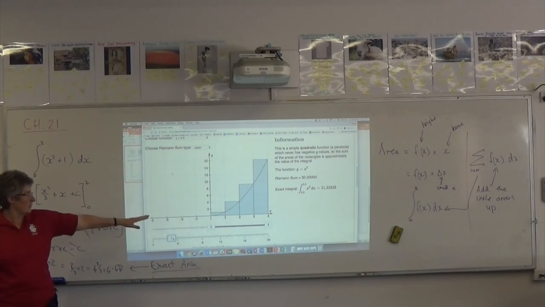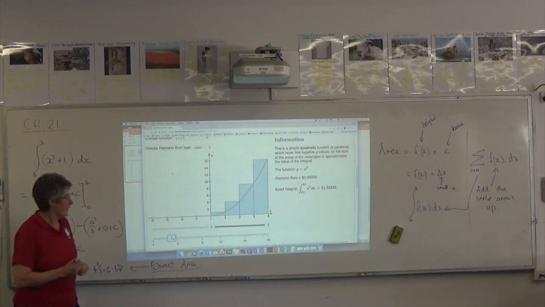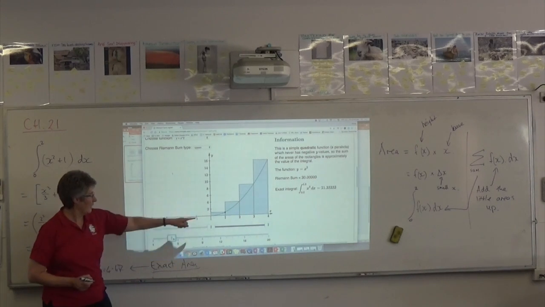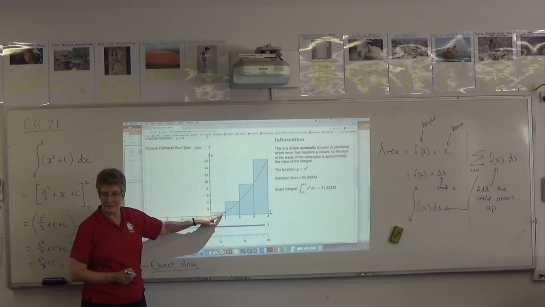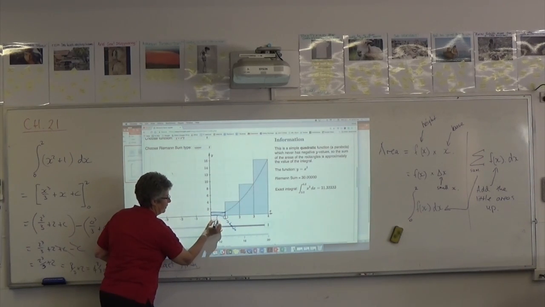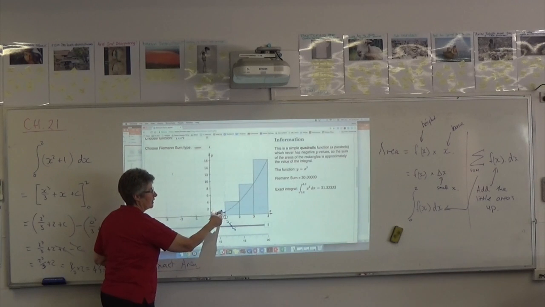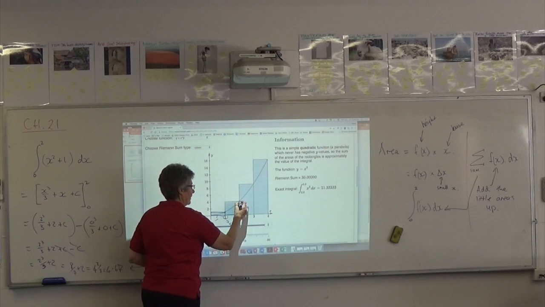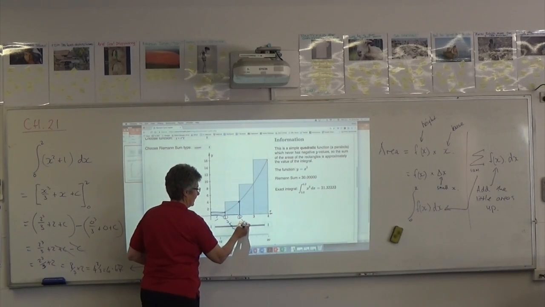If I asked you to find the approximate area under the graph, or an exam question did, then you have to have a look. This is my first point of my rectangle. Does that make sense? So I've got to use that value to find my height. My width would be 1, and then whatever my height was, this is x squared, so I know it's going to be 1. This one, that would be sub in x equals 2.